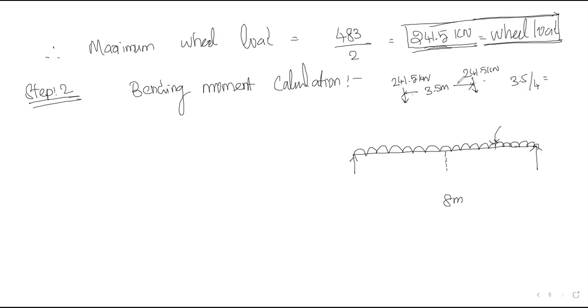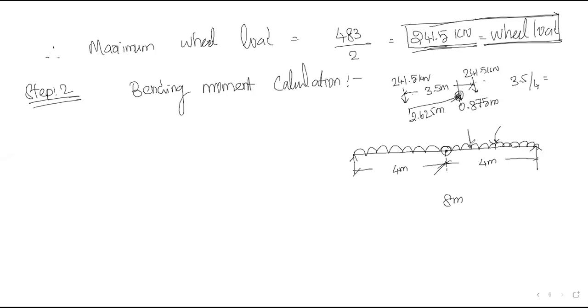From this wheel end you can take 0.875 meters, and the balance is 2.625 meters. This centroid is going to be placed over the centroid of the beam, that is 4 meter span and 4 meter span. If I place it like this, I can get the maximum bending moment.